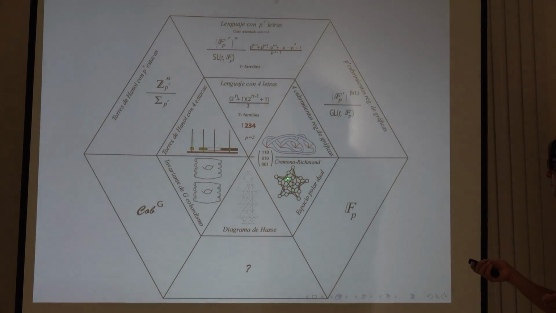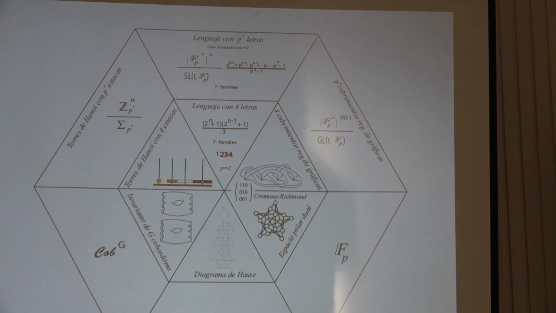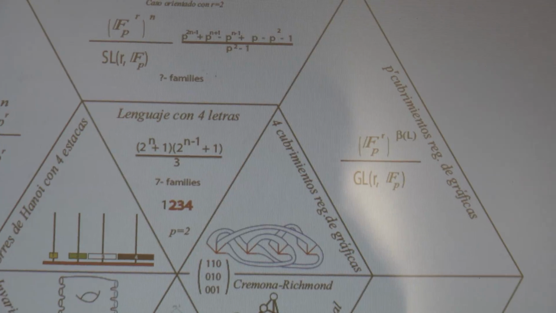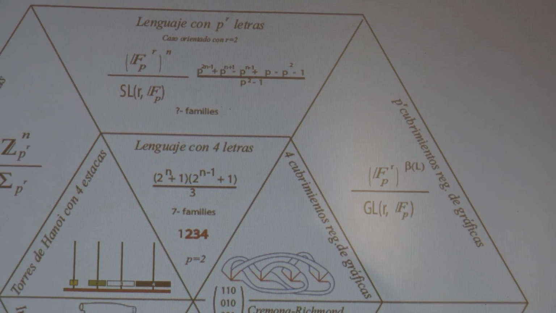So for example, here you can have 4-fold coverings of regular graphs. Here are the language with 4 letters and the Hanoi Tower.